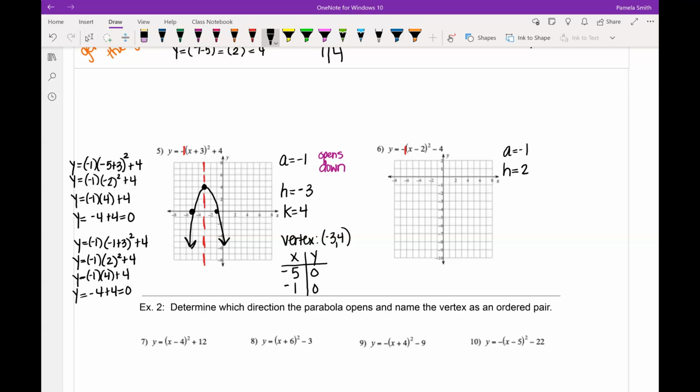H would equal +2. And k would be -4. So my vertex would be the ordered pair 2, -4. And because a is negative, I know that this is going to open down.